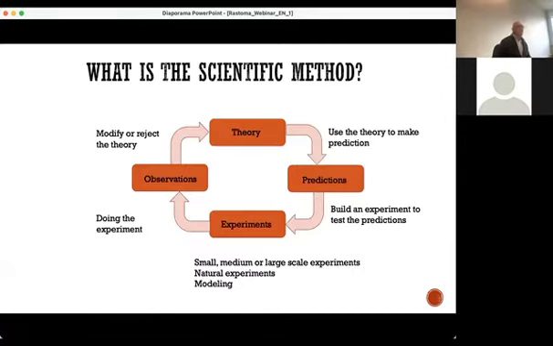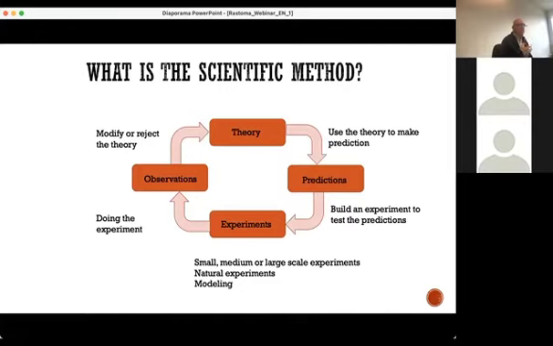The scientific method is a relationship between observations, theory, prediction, and experiment. And with these four ways of thinking, you build the scientific method.